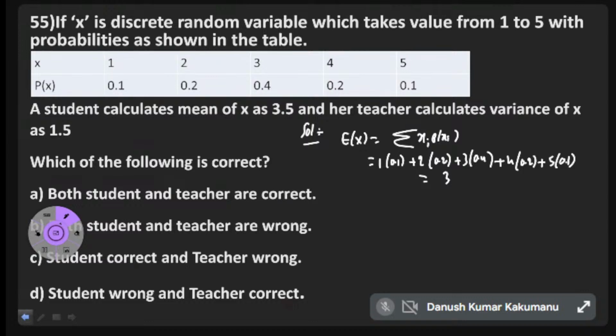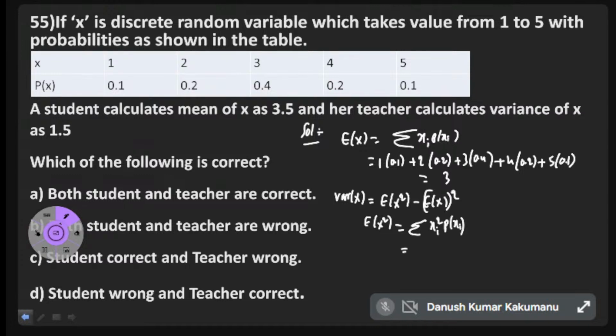But is the teacher correct or not? Let us see. Teacher calculated what? Variance. What is the formula of the variance of x? E of x square minus E of x whole square. Yes or no? Now we got E of x is 3. What is E of x square? Calculate. E of x square is summation xi squared p of xi.